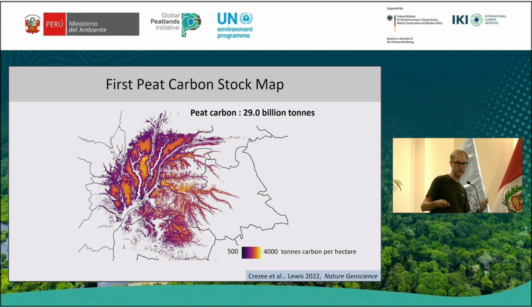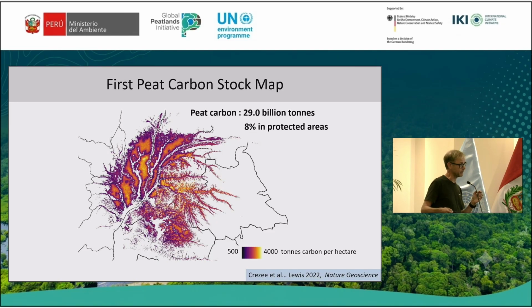Then that peat thickness we can convert to carbon because we know about the bulk density and the percentage carbon within a set of cores that we've sampled in the lab very well. It's about 29 billion tons of carbon. That, if it all went into the atmosphere, is about 3 years of global fossil fuel emissions. So it's an enormous stock of carbon.